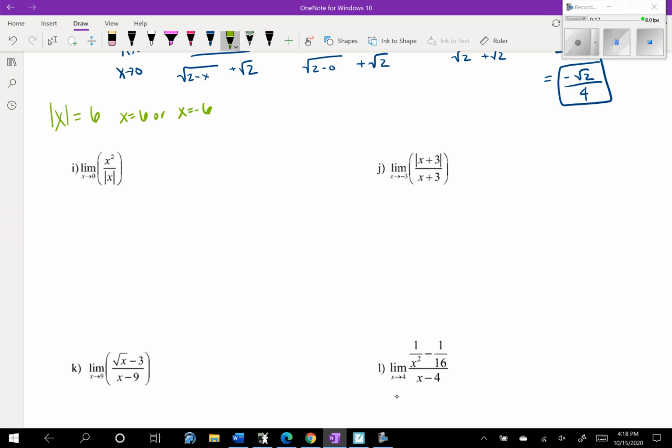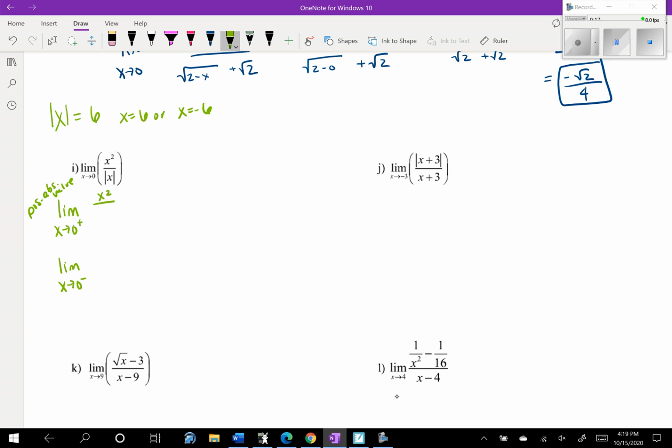So that means we're going to have to look at the limit as x approaches 0 from the right, means the plus sign, and the limit as x approaches 0 from the left with the minus. So that would be x squared over, and if we're looking from the right, you use the positive absolute value. So this is going to use the positive absolute value.